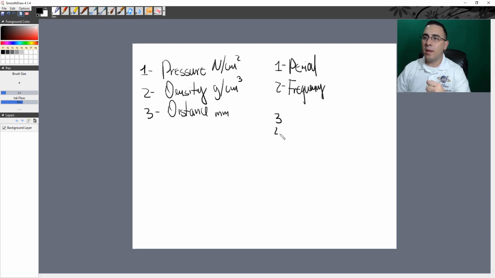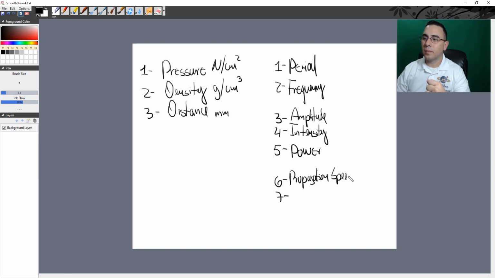Then 3, 4, and 5, we have the 3 bigness parameters. Those are amplitude, intensity, and then power. And then number 6 and 7, they go together as well. We have propagation speed, and then we have the wavelength.